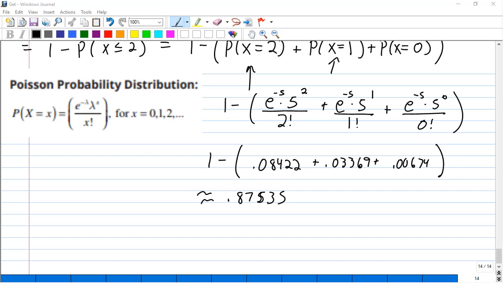If 20 people use it per hour, or about 5 every 15 minutes, then the probability that at least 3 people are going to use it within 15 minutes should be pretty good. Well, about 88%, that's a pretty good chance. If it was an 88% chance of raining tomorrow, I'd probably wear a raincoat, right? May not happen, but it's a pretty good chance.